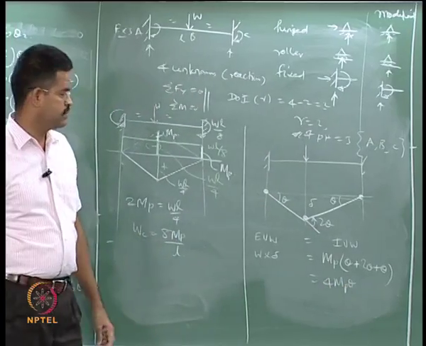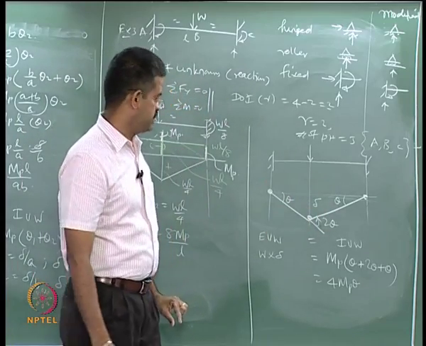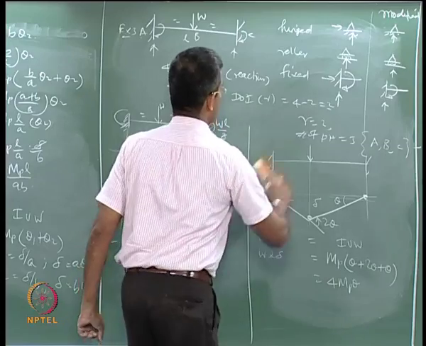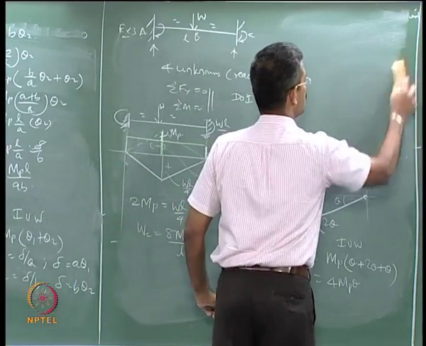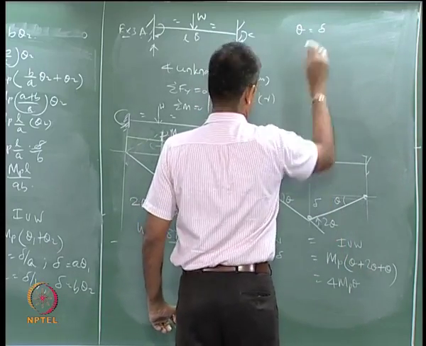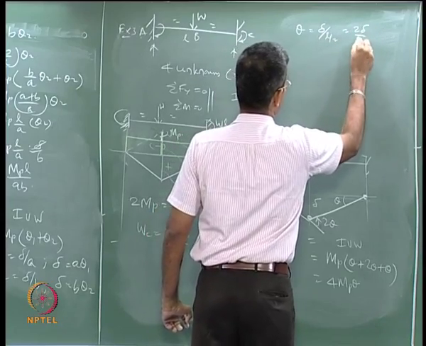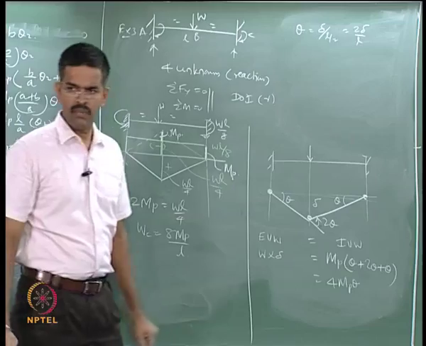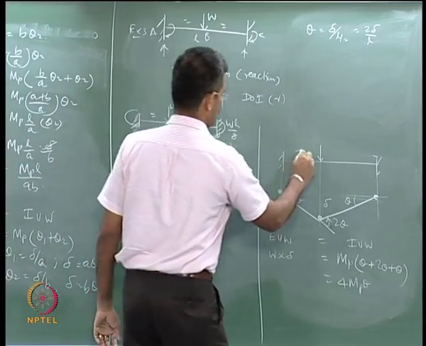Agreed. I can now connect delta and theta by a simple relation. I will do it here, I will remove this. So, from the figure, this is L by 2.